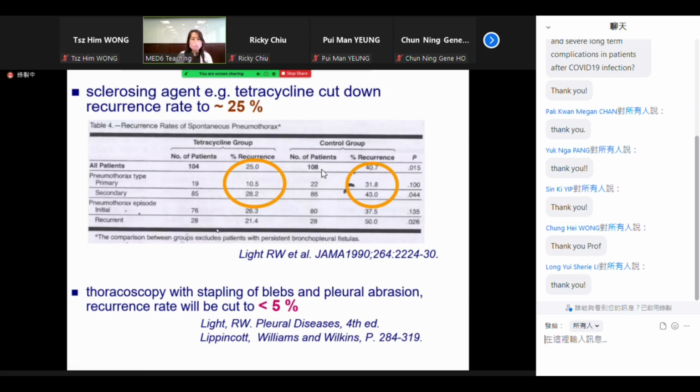But for the surgical pleurodesis, thoracoscopy, like VATS with stapling of blebs or pleural ablation, the recurrence rate will be cut down to less than 5%. So surgery is the treatment of choice.